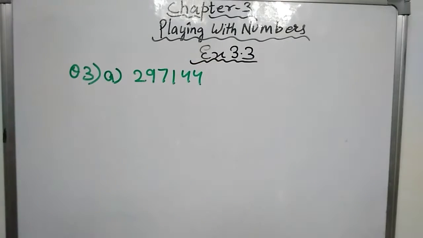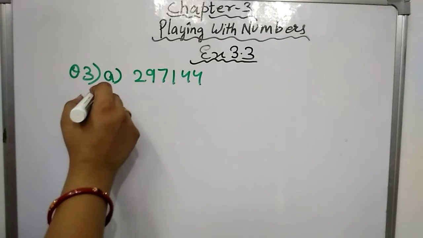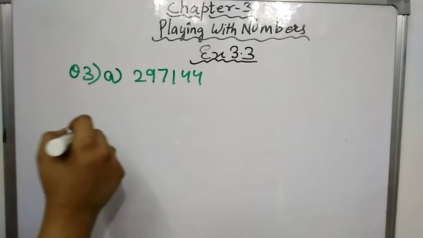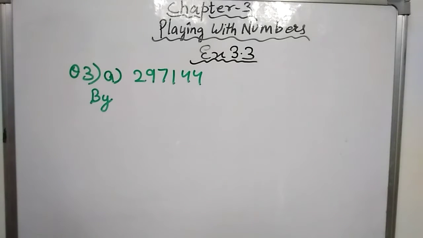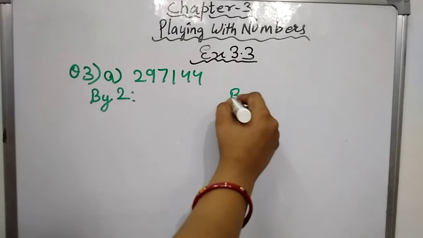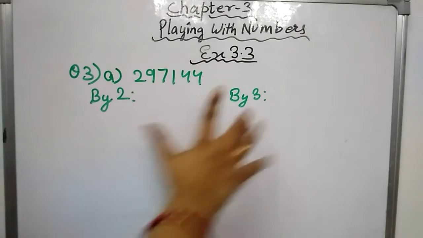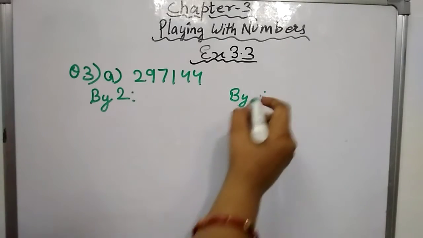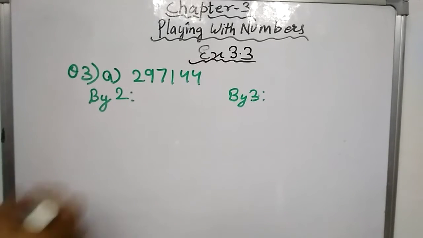It is 2,97,144. Test of divisibility by 6 says we need to check divisibility by 2 and by 3. If this number is divisible by 2 and 3 both numbers, then it can be said to be divisible by 6 also. So let's check for 2.